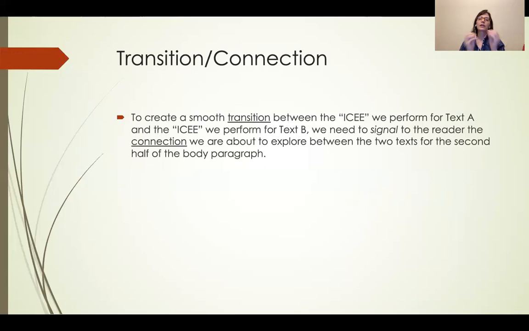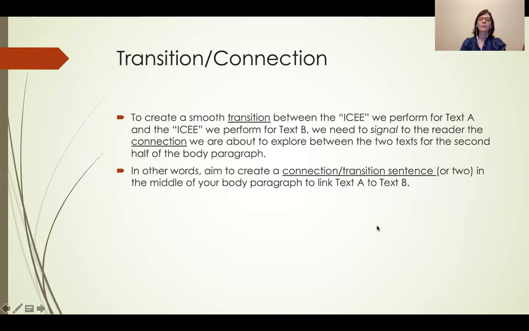That's what we're going to call our connection transition. In the middle of that body paragraph, we're going to aim to create what we'll call a connection transition sentence or two. That connection transition sentence is going to set up the conceptual link between the two texts.